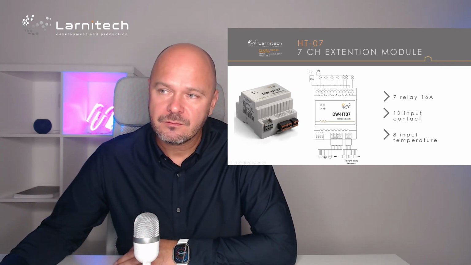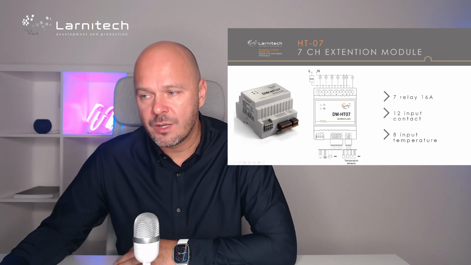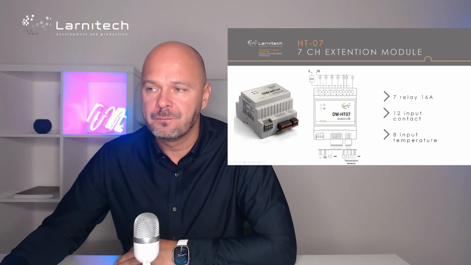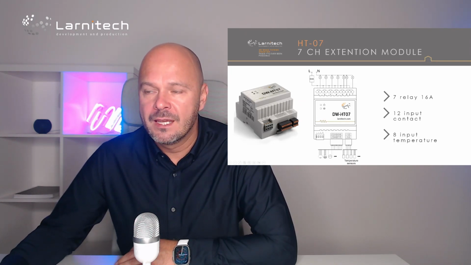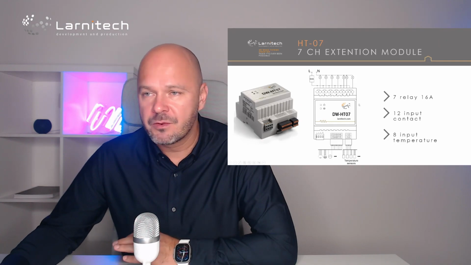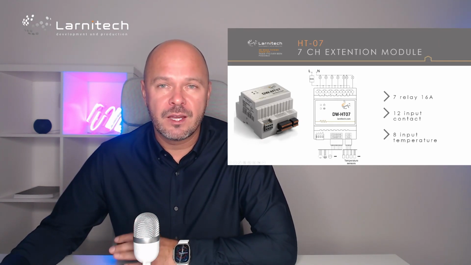HT07 is the device with 7 relays and 12 inputs and up to 8 temperature sensors. It uses only 4 modules on DIN rails, so it is much smaller. And in my experience, there were some hotels which used it for every room.